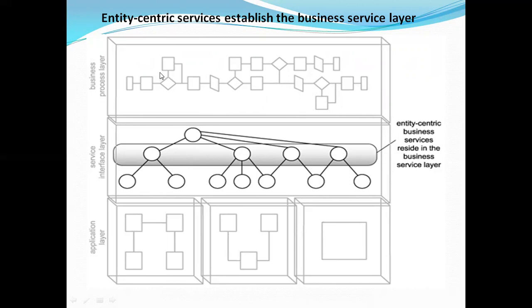So business logic is written here, then service candidate, service method class is written here. Entity-centric business services are again used for retrieving the data from the database with the help of the business process layer, with the help of business logic.